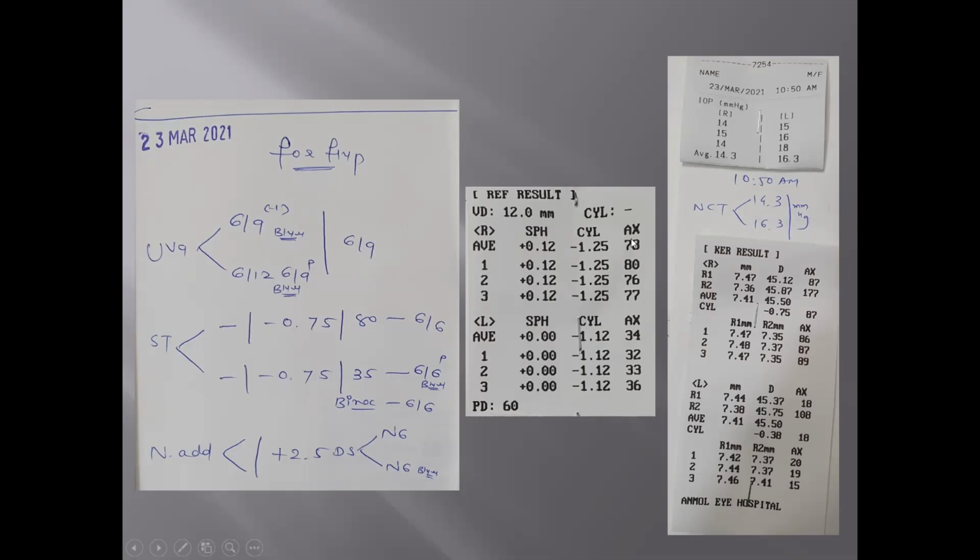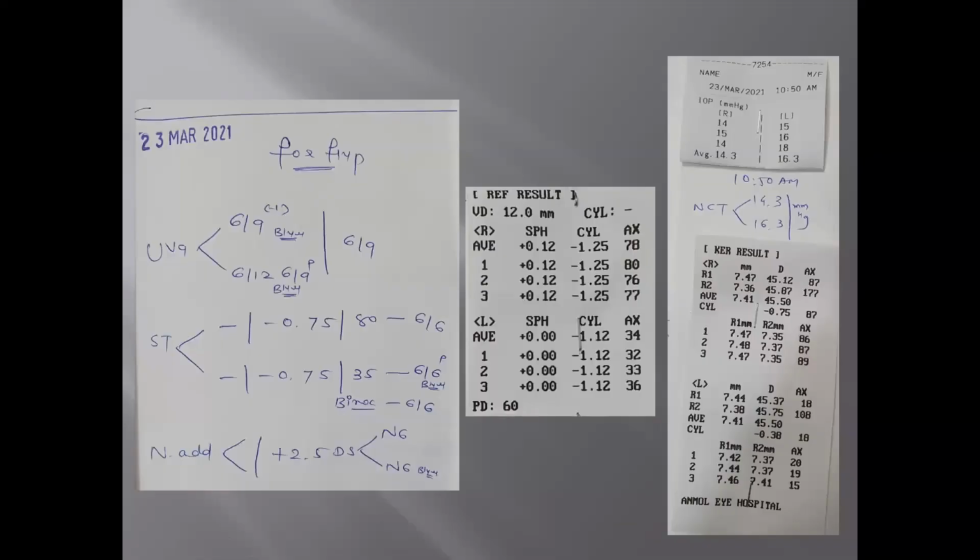Now you can see the keratometry is also showing 0.75 diopter cylinder at 87. In the left eye we have done a limbal relaxing incision, so the astigmatism has come down from 1.13 to 0.38. Rather, it has over-corrected because it is going on the opposite side of the axis.